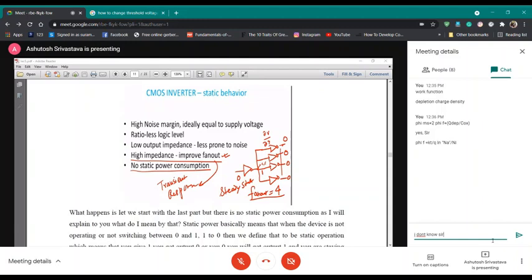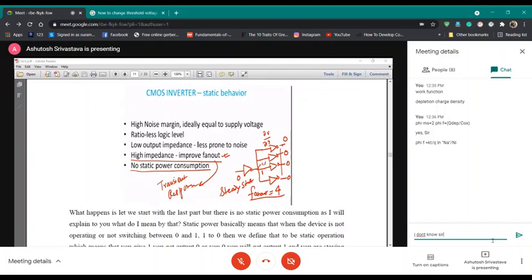Manali? You just need to see the equation, current equation, ID for PMOS and NMOS.